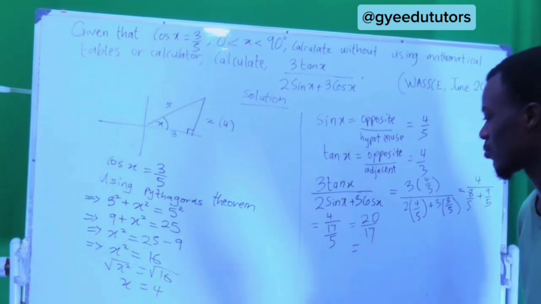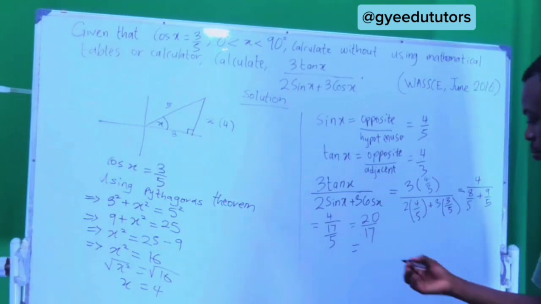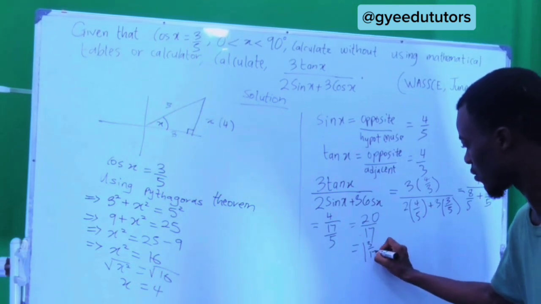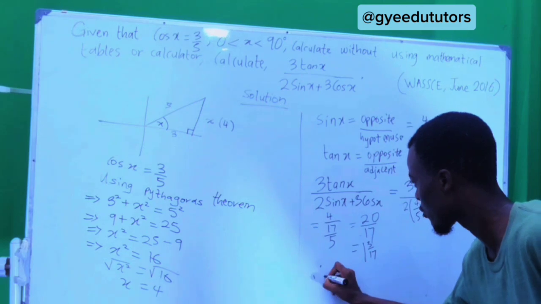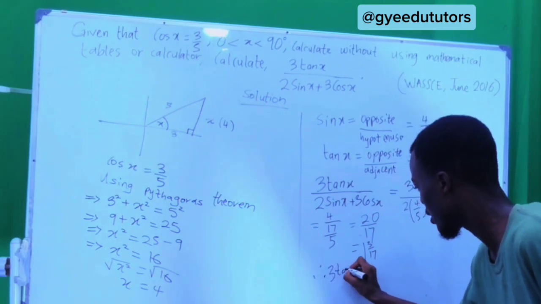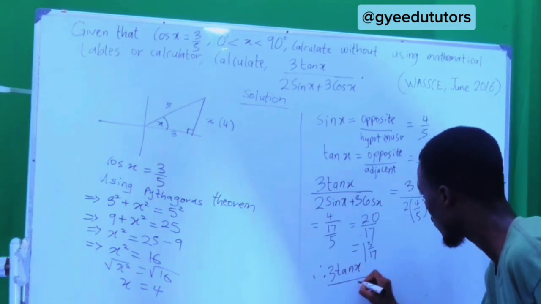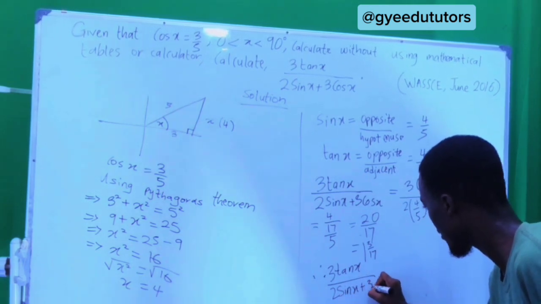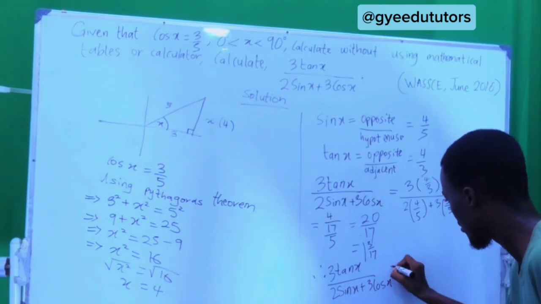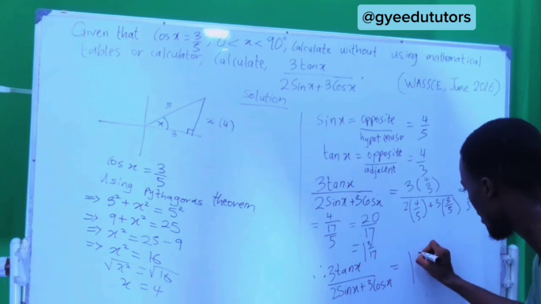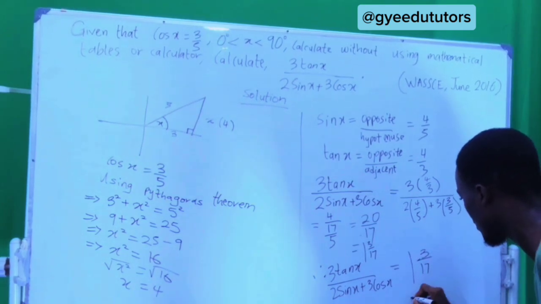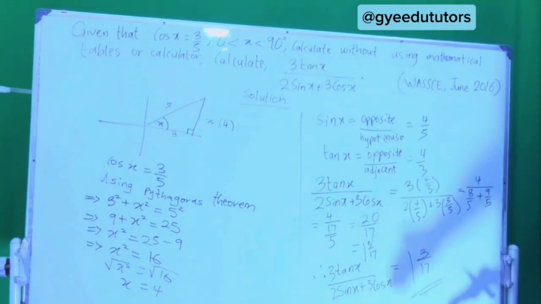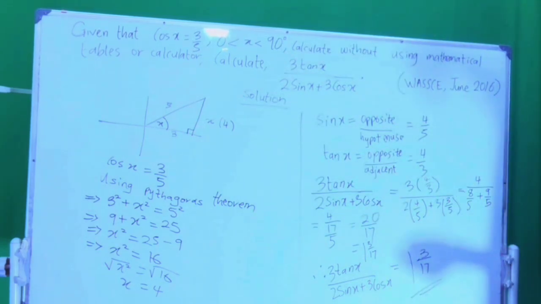So therefore, 3 tan x over 2 sin x plus 3 cos x is equal to 20 over 17. Very, very easy. So you see, don't skip. Good.